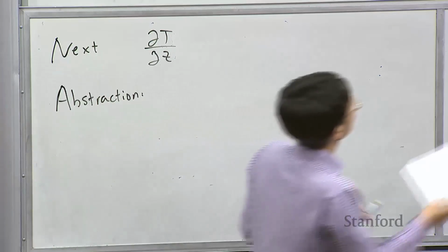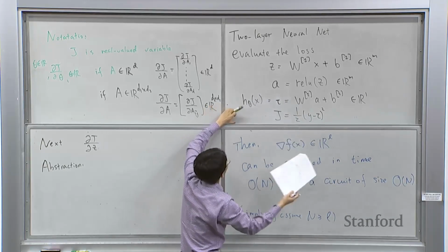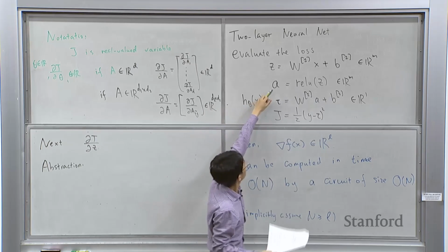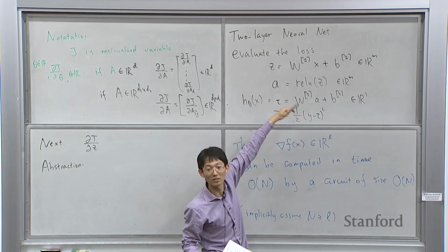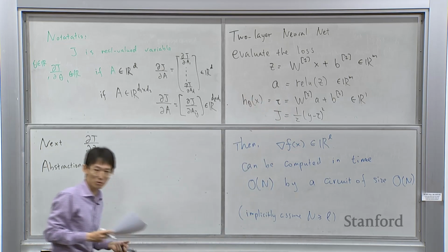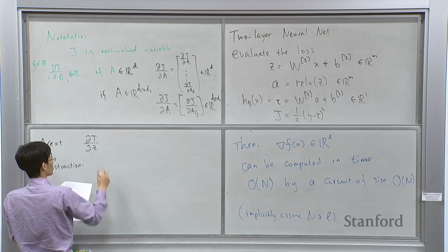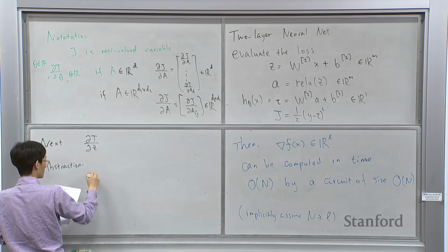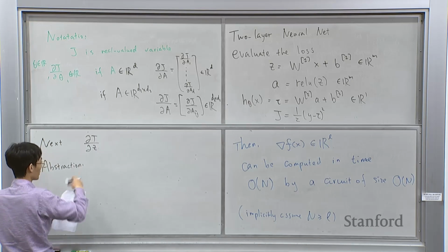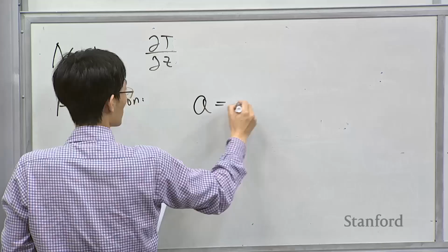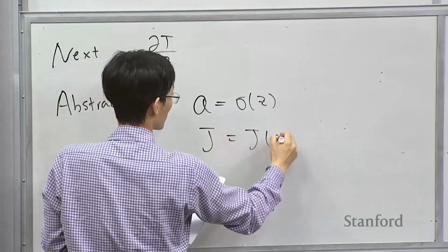So note that the relationship between J and z is through this a and W2, right? So there are some complicated dependencies between J and z. So I'm going to abstract one part of it just to make our derivation clean. The abstraction would be that suppose you have a variable a which is sigma of z, and then J is a function of a.